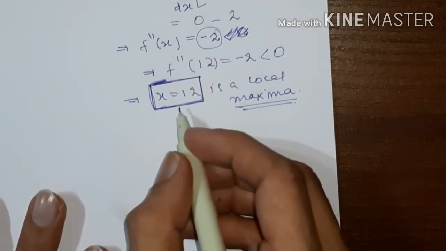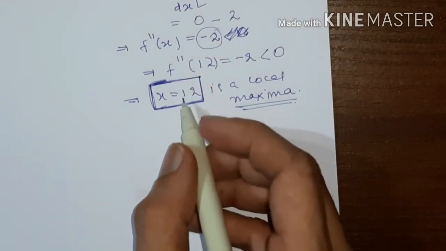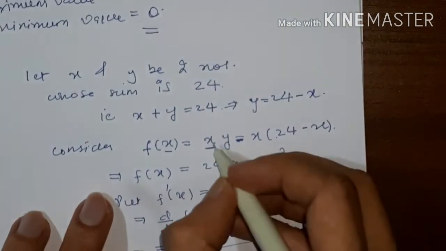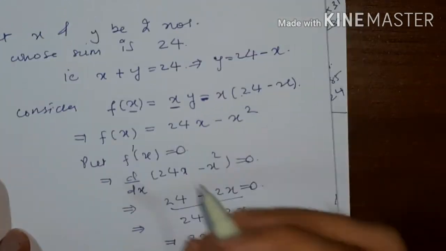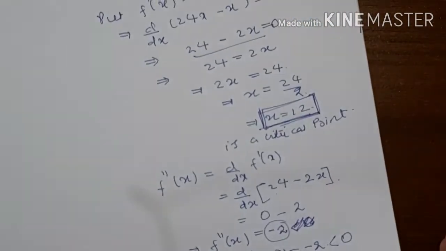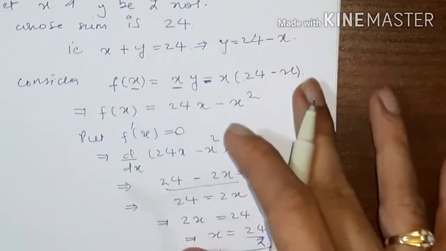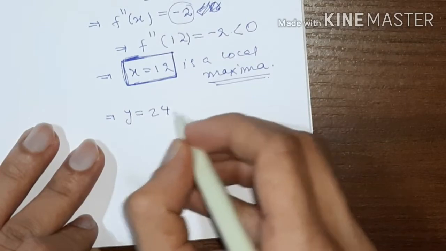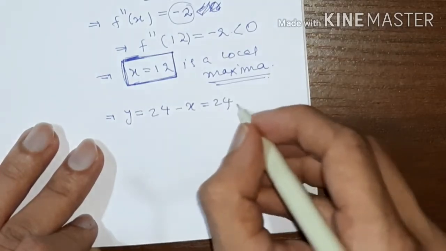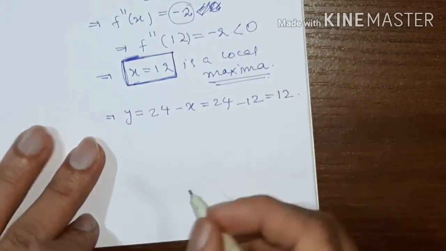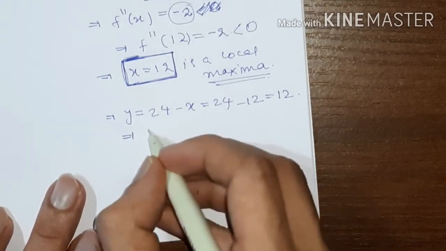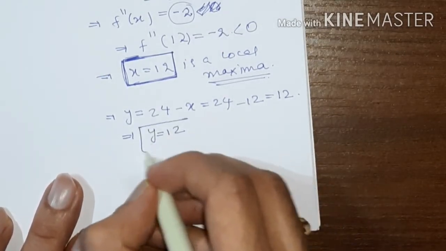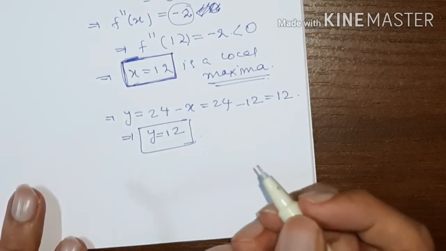So this is the point at which the product of these two numbers is maximum. So you got x equal to 12. Now you can check y. So y is 24 minus x, which is 24 minus 12, which is 12. So y is equal to 12 also. So the answer is what?